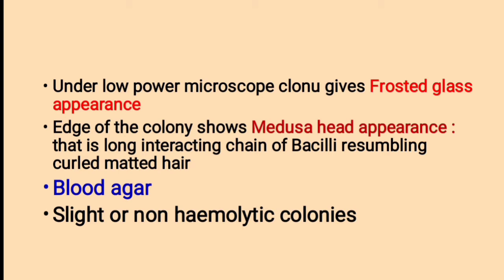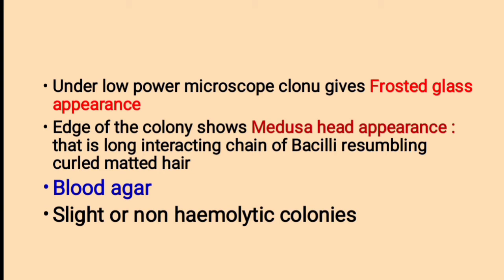Frosted glass appearance is one of the important peculiar colony morphology of Bacillus anthracis. The edge of the colony shows medusa head appearance, that is long interlacing chains of bacilli resembling curled matted hair. Curled matted hair like appearance of bacilli is known as medusa head appearance.